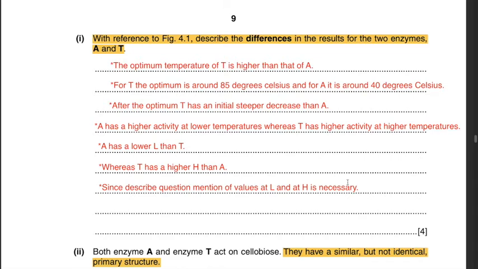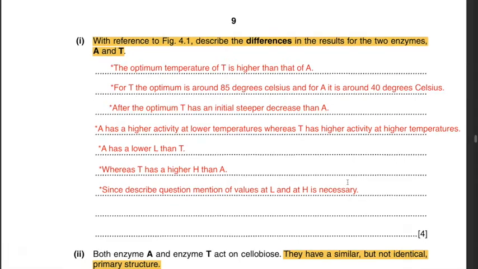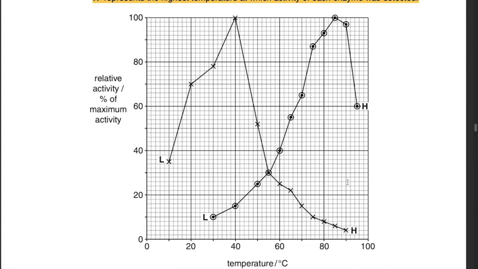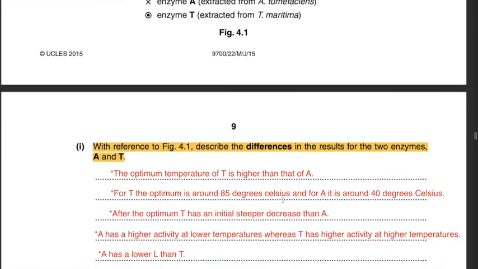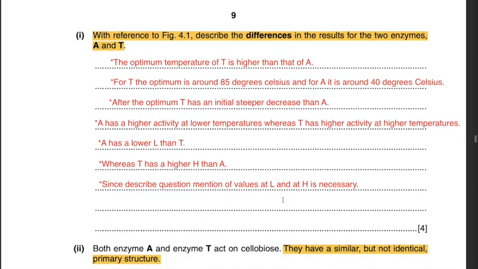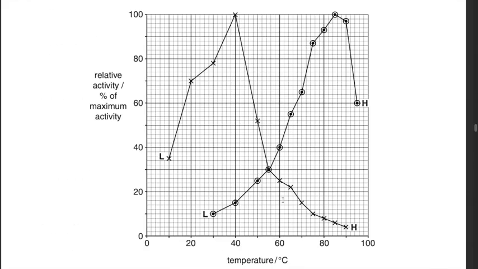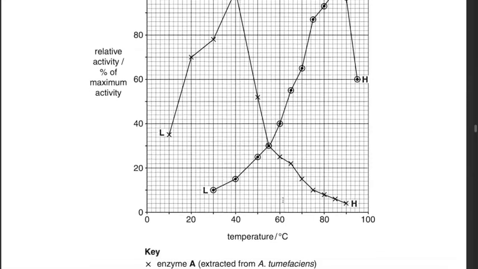Then, after the optimum temperature, T has an initial steeper decrease than A. If you look carefully, enzyme T has a steeper decline than enzyme A. And A has a higher activity at lower temperatures, whereas T has higher activity at higher temperatures, because enzyme T is relatively more heat stable as it works at higher temperature ranges.